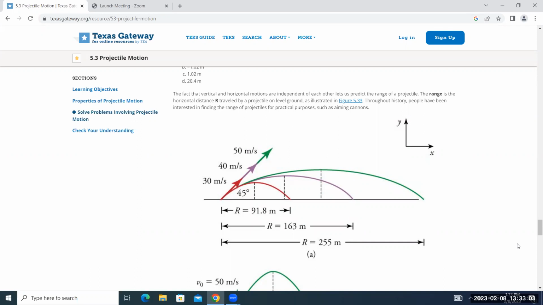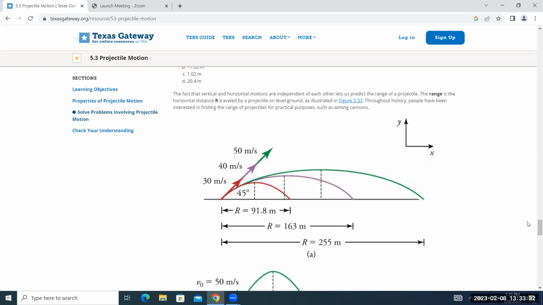Well, if we think about the motion of this projectile, we know that it's moving in the x and y plane simultaneously. So there's no reason at all that it should take a greater amount of time to move from left to right than it does to go from our starting position up and then back down.